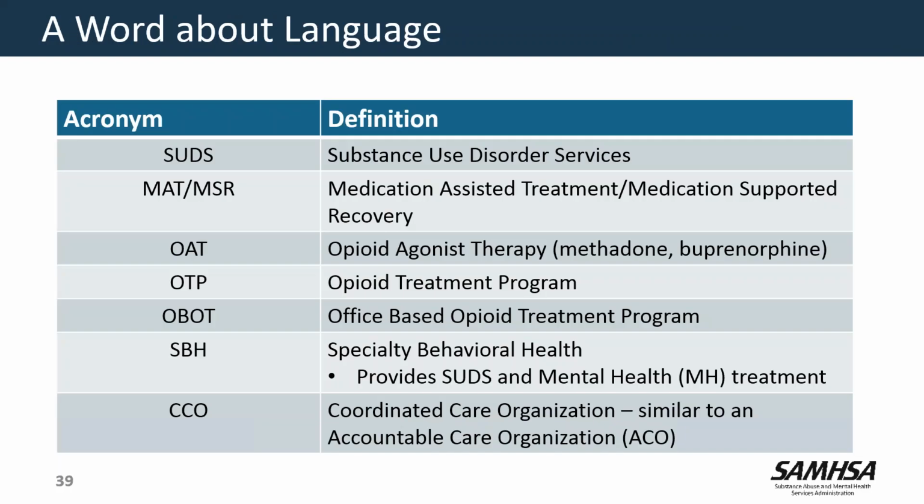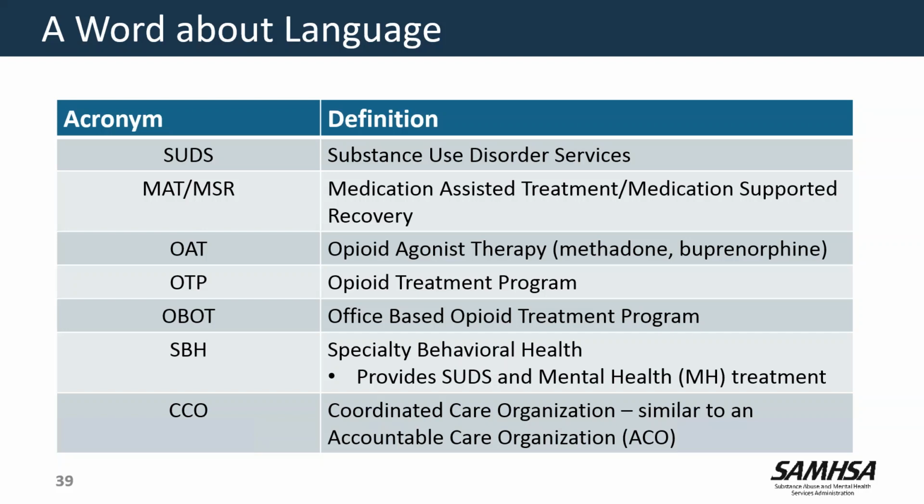I'd also like to get on the same page about language, specifically what we use here in Portland, Oregon. So you'll hear us say SUDS for substance use disorder services, and other states may say A&D or substance abuse or chemical dependency. We'll also be referring to specialty behavioral health providers. That means providers who offer both SUDS and mental health treatment.